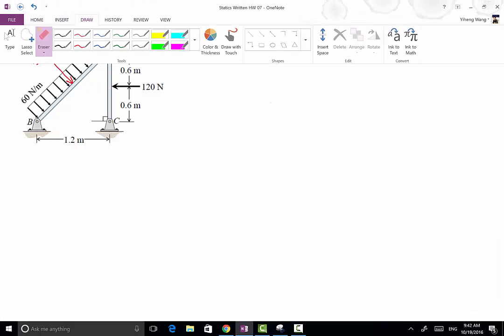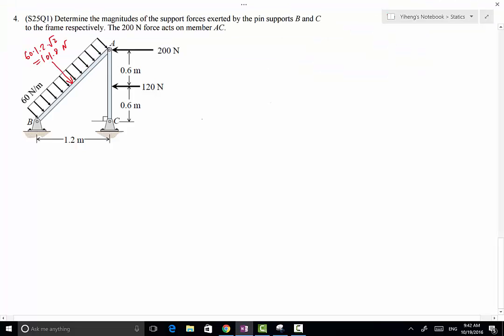So we start with drawing the free body diagram of this entire frame. And we have 200 Newton here, 120 here, and 101.8 Newton here.